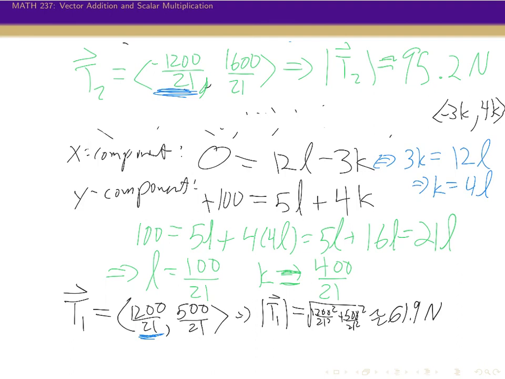Those two cancel themselves out, but the ropes still feel the tension from pulling that. Because these two are fairly far apart, the angle between them is fairly wide, so they have to pull against each other a fair amount in order to hold the weight in place.